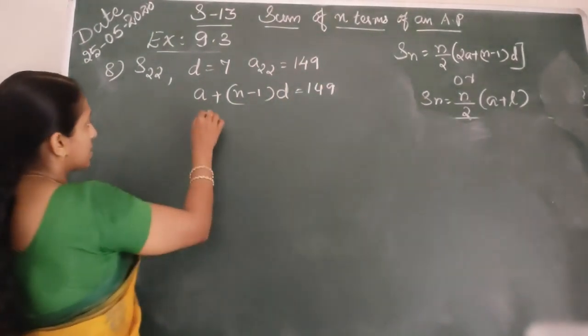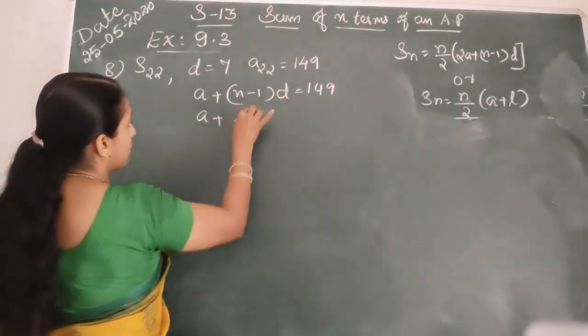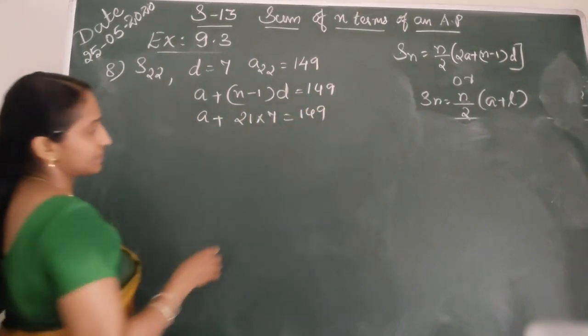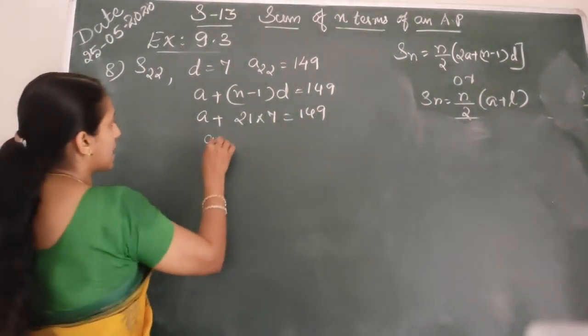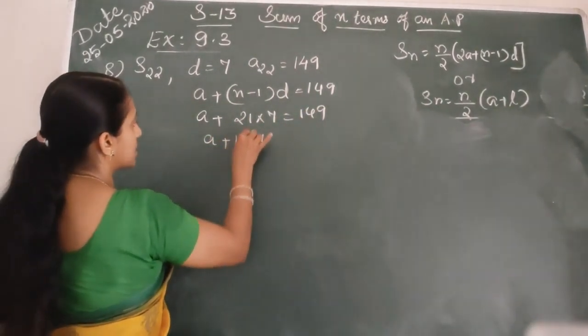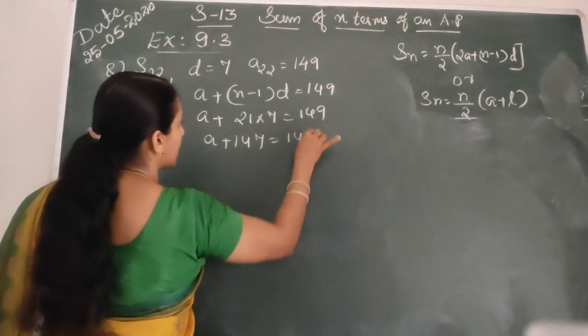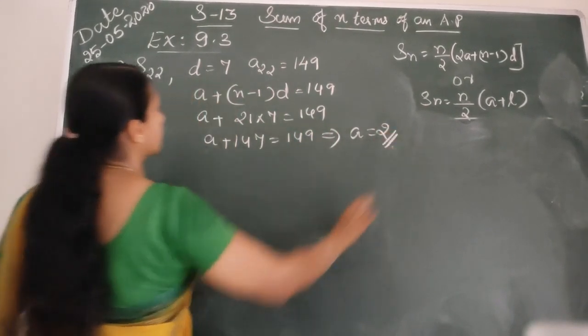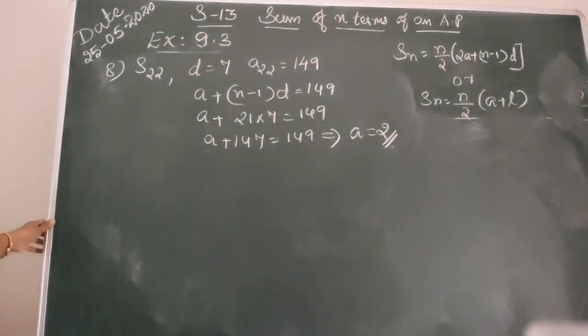That is A plus 21 into 7 is equal to 149. That is A plus 147 equal to 149, which implies A is 2.